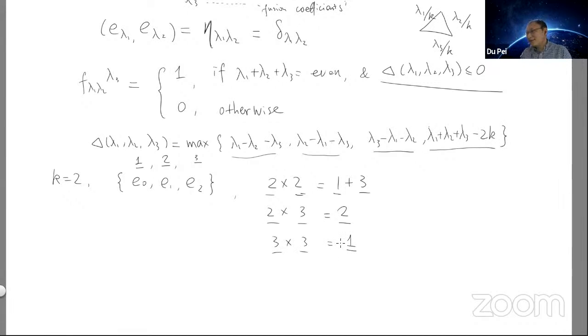So you get some algebra that looks like the representation ring of SU2, but with some representations removed, very roughly.